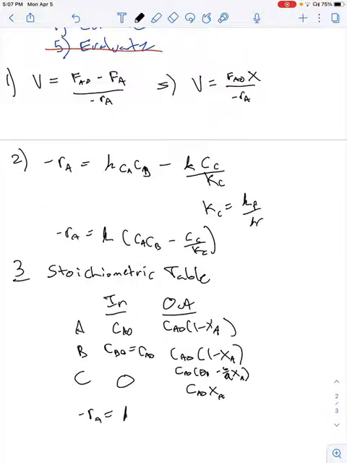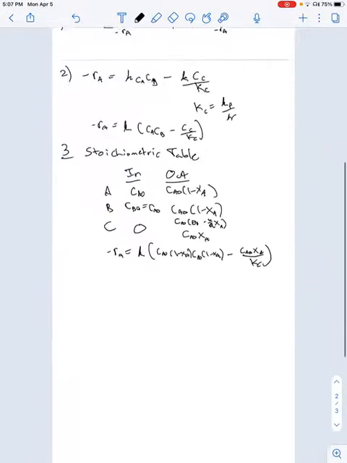So negative rA equals k, CA is CA0 times 1 minus X, times CA0 times 1 minus X, minus CA0 X over Kc. Alright, we have our rate equation.